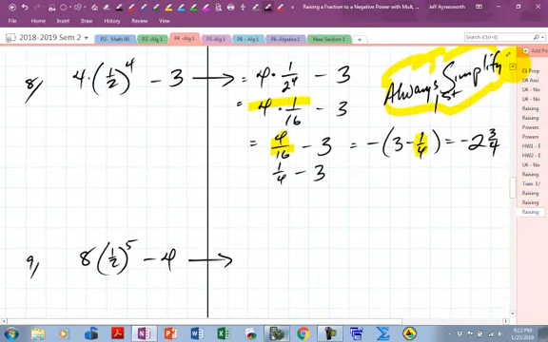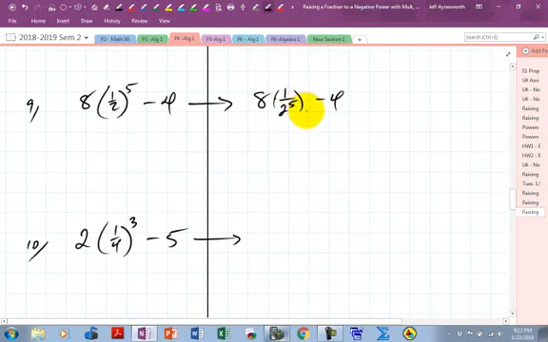All right, now time to practice here. Pause and play. Go ahead and pause the video and try this next one. All right, let's play the game here. We're going to have 8 times 1 to the 5th divided by 2 to the 5th. So 1 to the 5th is 1 divided by 2 to the 5th. All right, minus 4. All right, 2 to the 5th is 2, 4, 8, 16, 32.